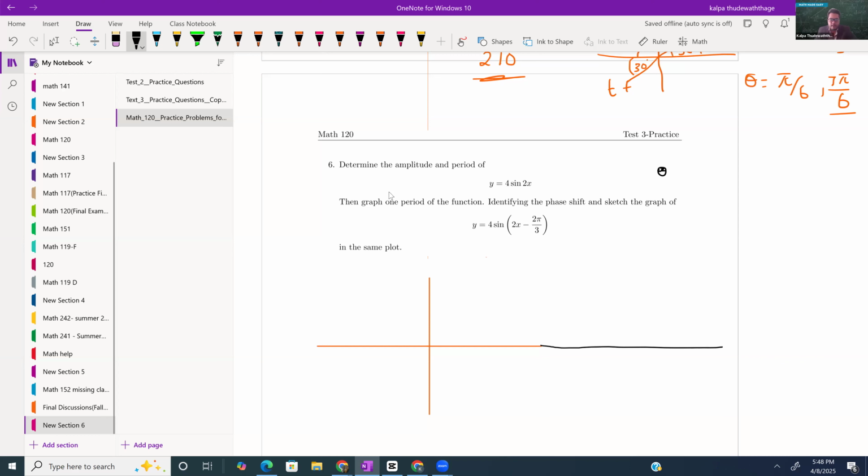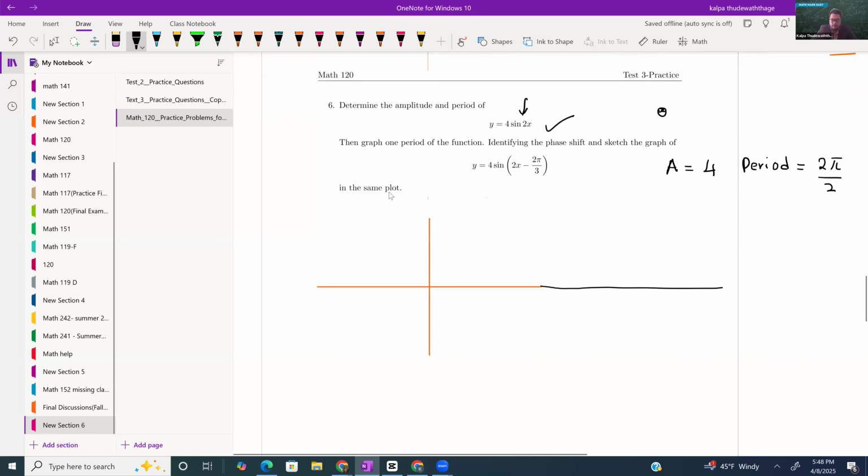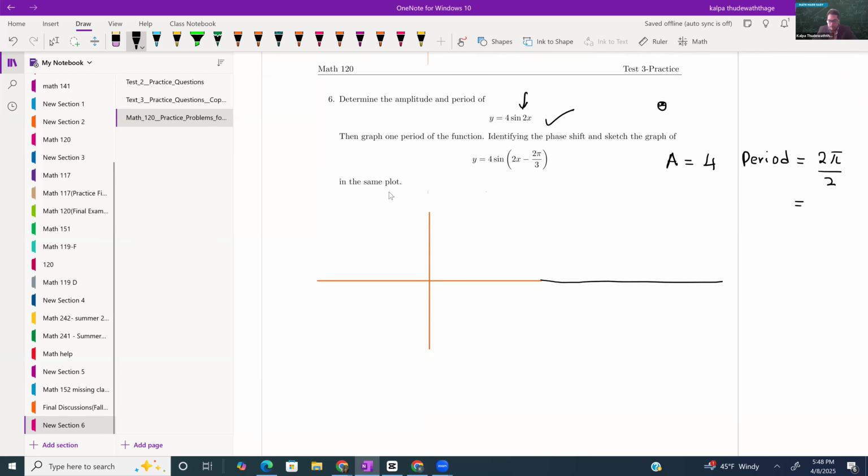You can repeat. So if you look at the first graph, the amplitude is 4. What is the period? Period is 2 pi over this number, 2. The period is pi. Can you see? Period is pi. That means you take the pi, maybe you can mark it here, and you divide the period into 4 pieces.